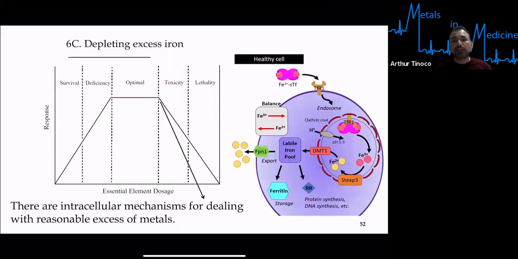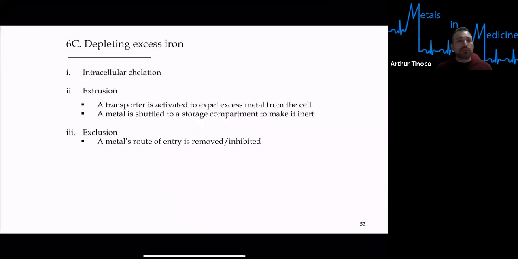All right, so let's look at the other end of this process. When we're just above the optimal level, now we're starting to get an overdose of iron in the body. There are some methods with which the body can respond, such as intracellular chelation to try to control that iron and make it not available. You also have processes known as extrusion.